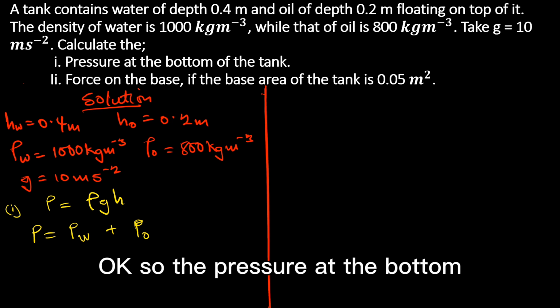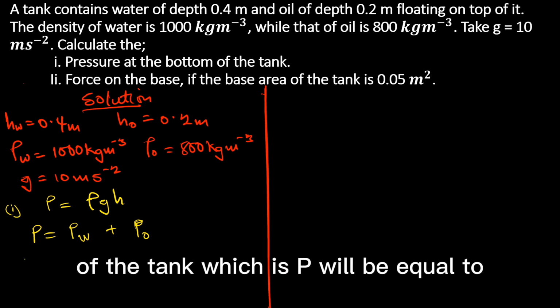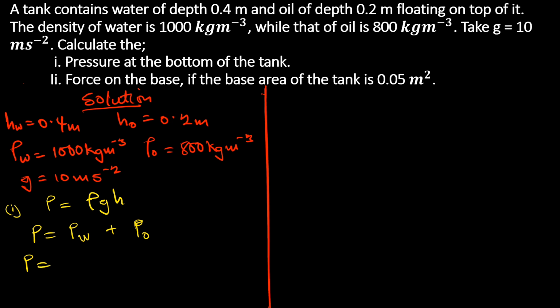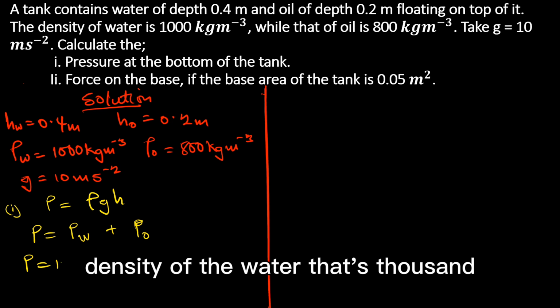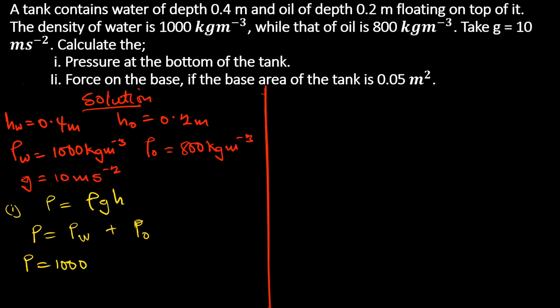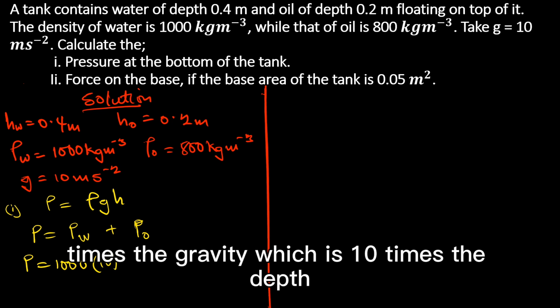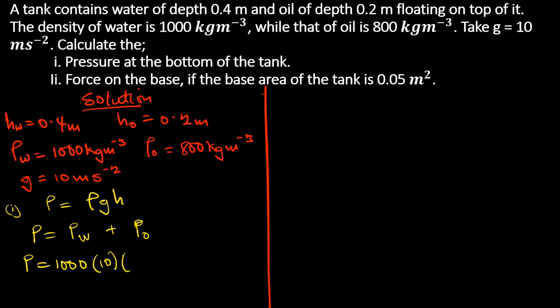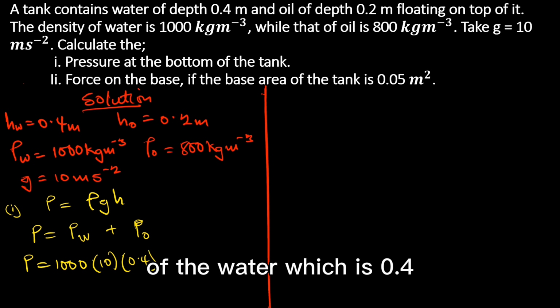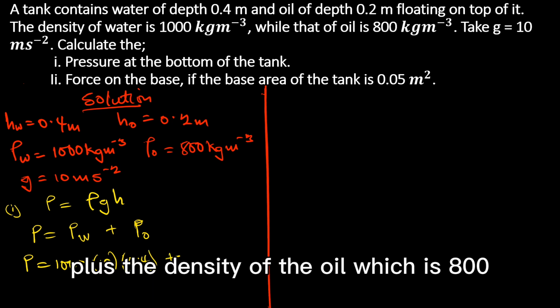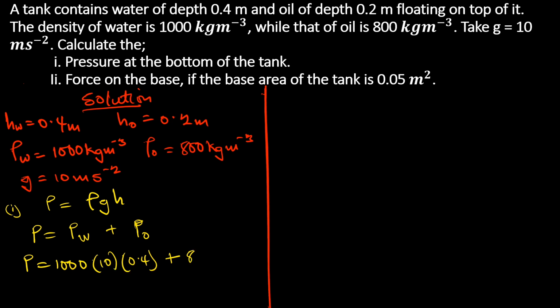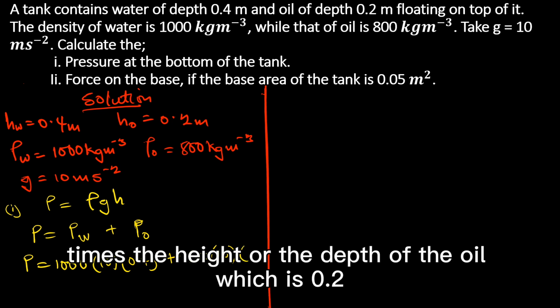Okay, so the pressure at the bottom of the tank, which is P, will be equal to density of the water, that's 1000, times the gravity, which is 10, times the depth of the water, which is 0.4, plus the density of the oil, which is 800, times the gravity, times the height or the depth of the oil, which is 0.2.